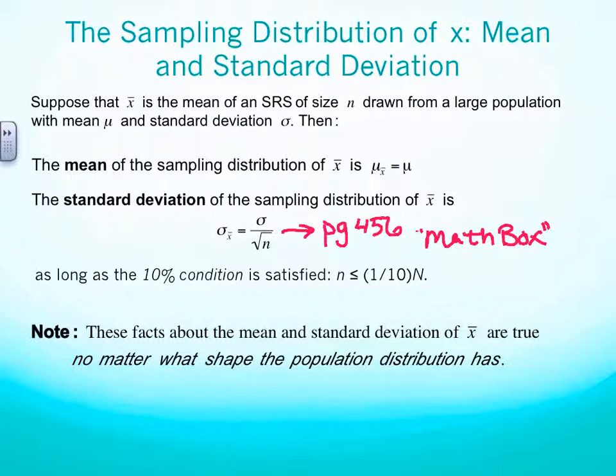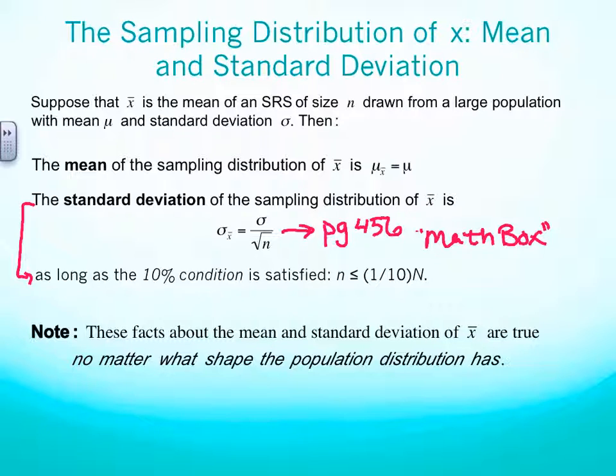You can only use this as your standard deviation as long as the 10% condition is satisfied, so you need independence there.